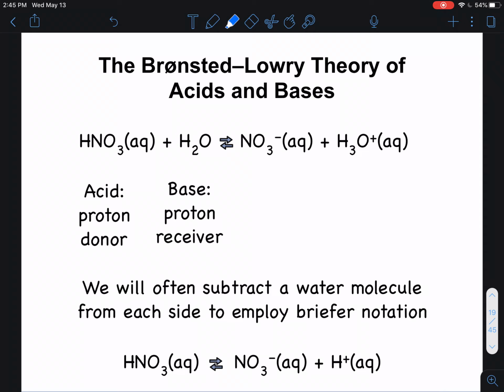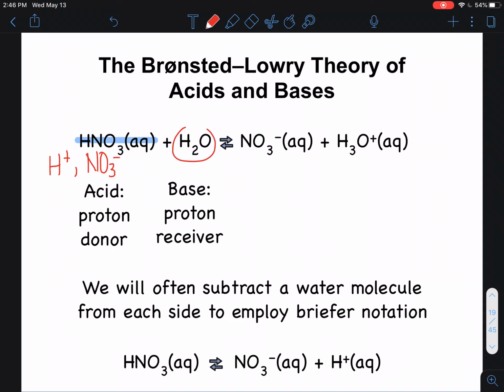So again, in the Bronsted-Lowry theory of acids and bases, we have an acid right here, and we know it's an acid because it dissociates in water to generate H+ and NO3-.